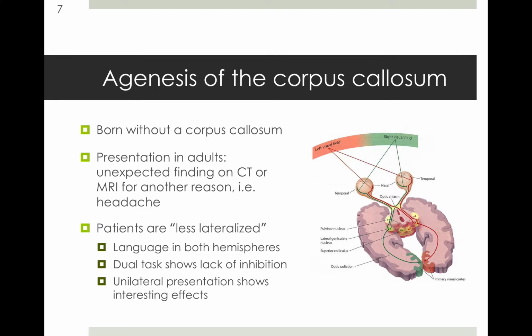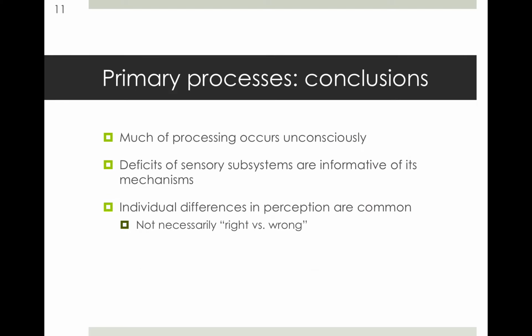So I think there's something really profound about what Gazzaniga says at the end, right? There's a lot of semi-independent processes that might be going along in your brain unconsciously, and so much of processing is unconscious. Your conscious awareness is really only the tip of an iceberg in a way.